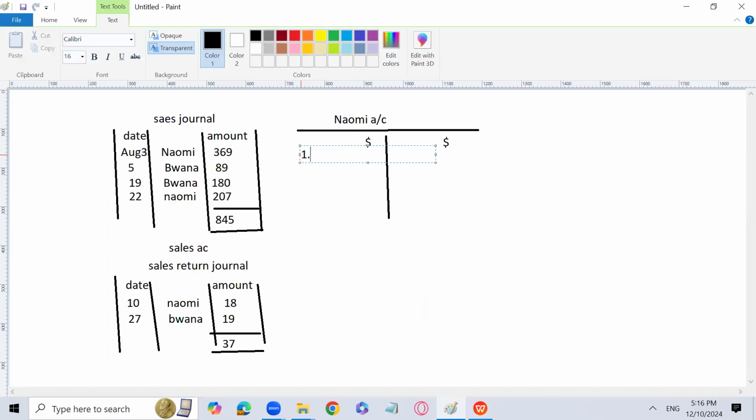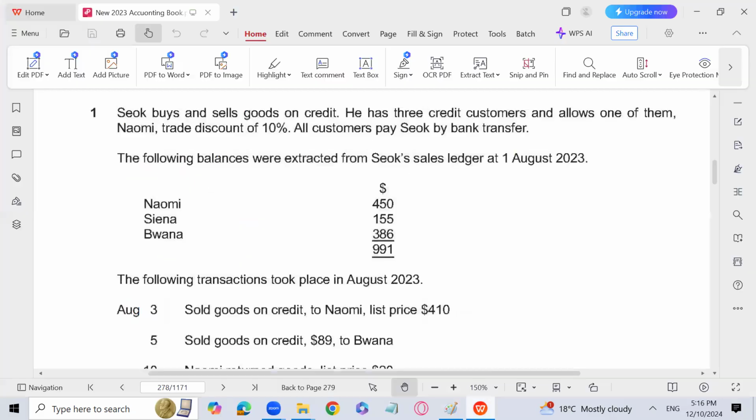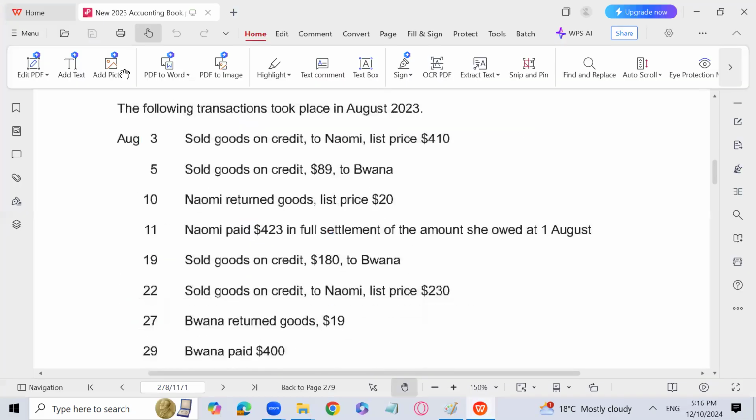So the balance brought down is going to be 450, which shows that he was our trade receivable. We are supposed to take that amount from Naomi. That is the month of August, I believe. I will write like this because we are preparing, I think, for the month of August. Let me check it out.